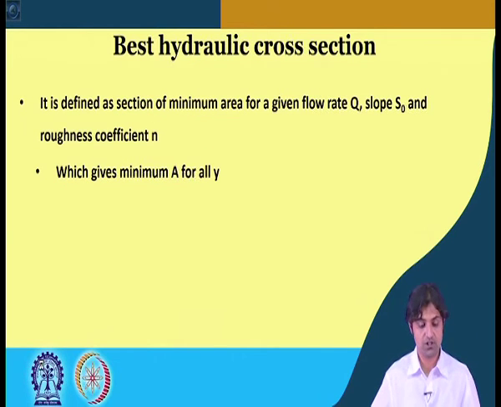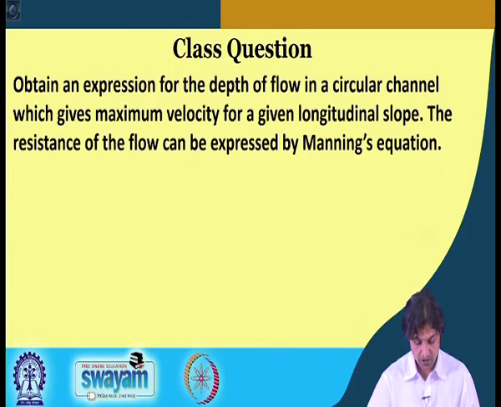We will see some questions as well. The best way to understand this concept is through solving a problem. The question is: obtain an expression for the depth of flow in a circular channel which gives maximum velocity for a given longitudinal slope. The resistance of the flow can be expressed by the Manning coefficient.